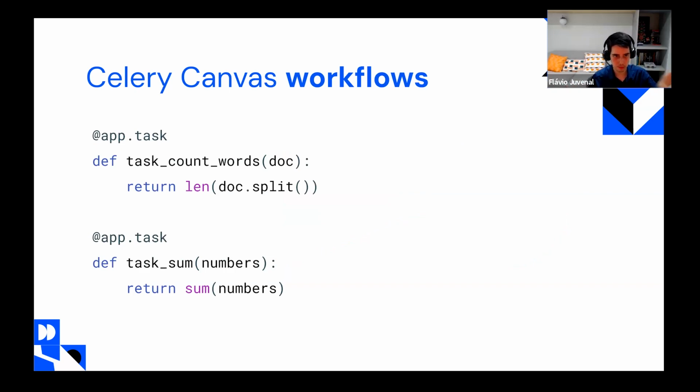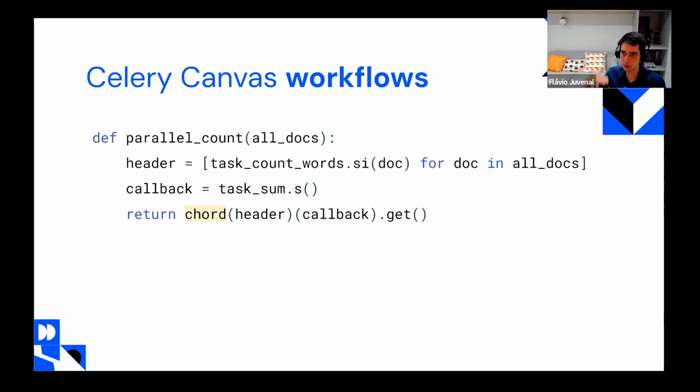You declare a task, like the task count words, that will receive a document and do a simple computation of the number of words in that document: split the document and count the length of the list. Then you have a separate task called task sum that receives a list of numbers and returns the sum of the numbers. And you can integrate those two in a workflow by building this.